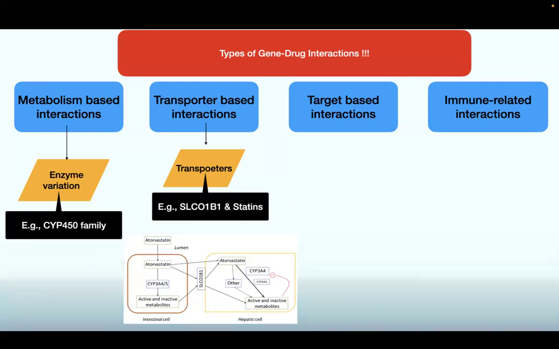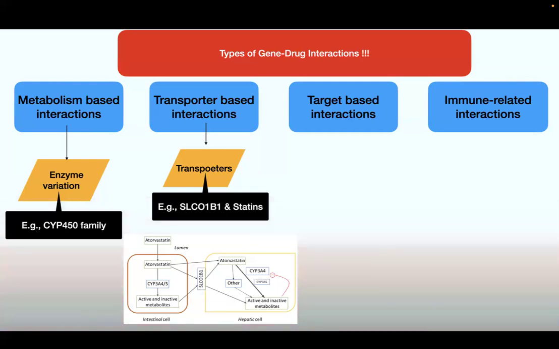The picture is clear. See, the atorvastatin is going into the lumen, atorvastatin, with the help of CYP3A4 or 5 that is converted into your active or inactive metabolites. And this is the intestinal cell, and we have hepatic cell also.